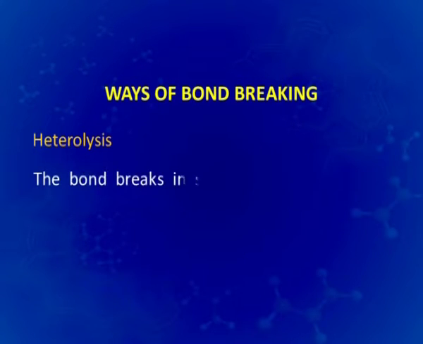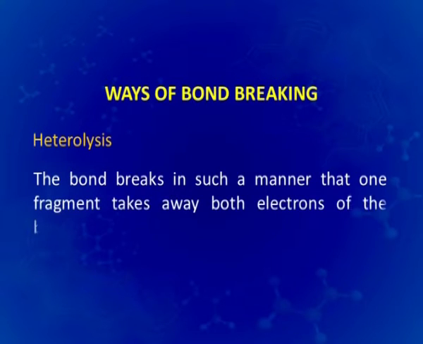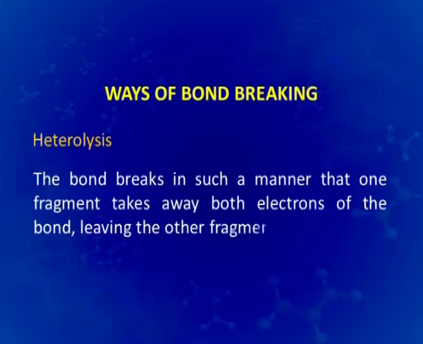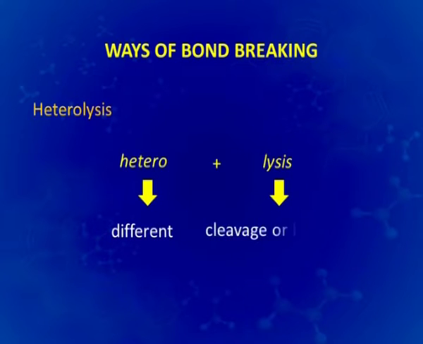The bond breaks in such a manner that one fragment takes away both electrons of the bond, leaving the other fragment with an empty orbital. Heterolysis is made up of two words. Hetero is different, lysis is cleavage or breaking, which means that the bond breaks in a heterolytic manner.